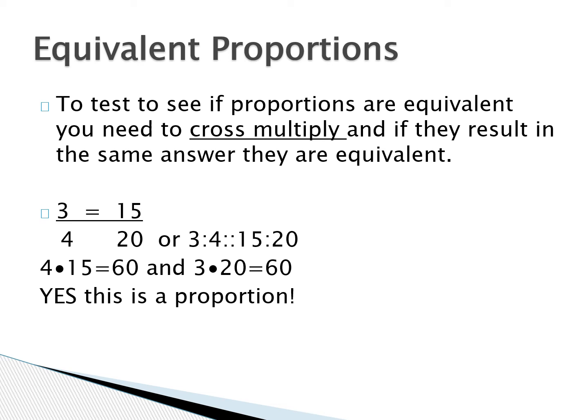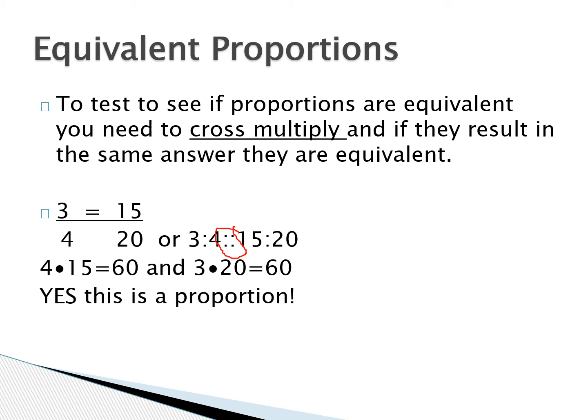Okay, so to test to see if proportions are equivalent, you need to cross multiply, and if they result in the same answer, then they are definitely equivalent. So if we are looking to see if 3 to 4 is the same as 15 to 20, that double dot is asking if it's an equivalent proportion.